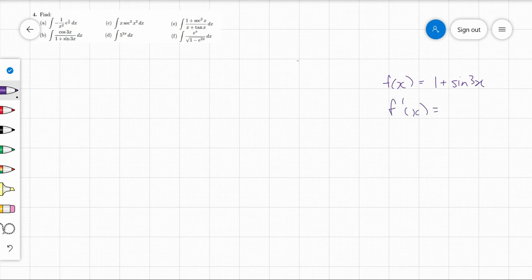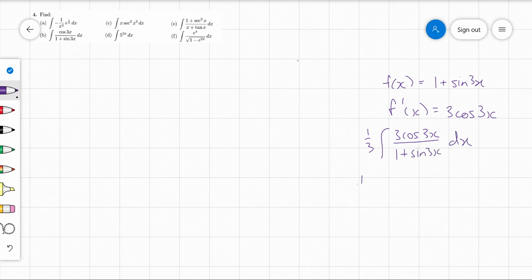So derivative of 1 is 0, sine 3x becomes 3 cos 3x. So the cos 3x is there but not the 3, so we could put a third out the front, and then we've got 3 cos 3x on 1 plus sine 3x dx.